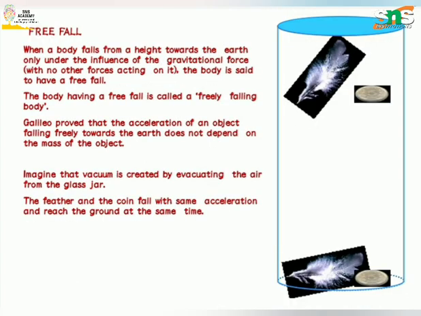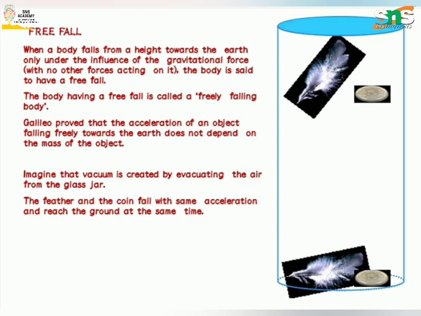Free fall is nothing but, let us take an example. A body having a free fall is called a free falling body. Let us take an example to identify what is free fall motion.